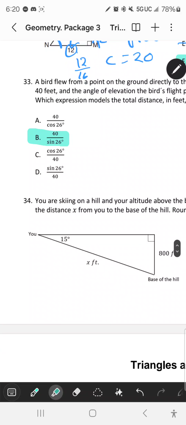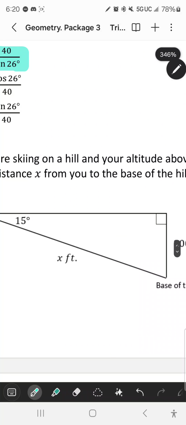Here we already have everything labeled. We don't need to imagine the ski or whatever. We just have the angle, the side, and the side we need to know. So this is basically the same as the one before, just easier somehow.